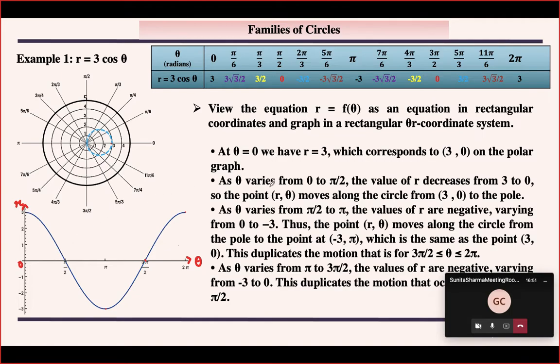This is the next point given here, and therefore we can get an idea that it starts from 3 and then the values are becoming smaller. So this distance from the pole is reducing, and it reduces to 0. As theta becomes pi by 2, the value of r becomes 0, which means it comes to the pole. Is the first point clear?